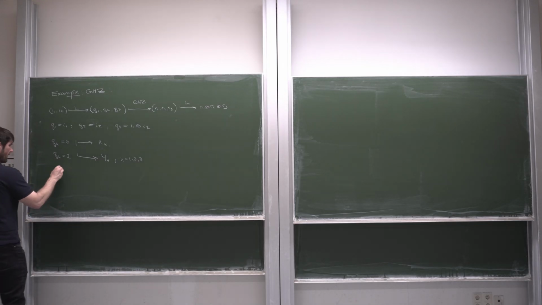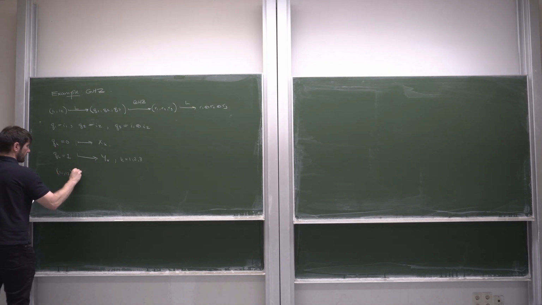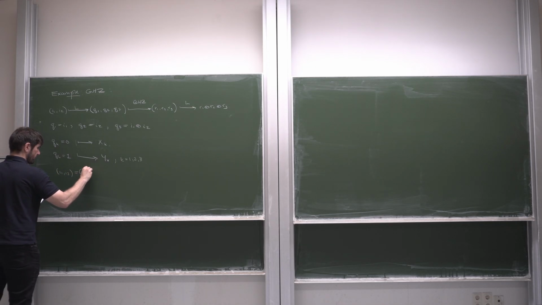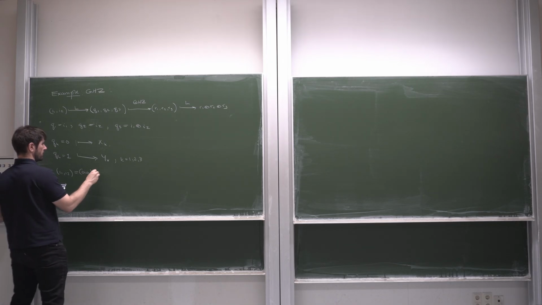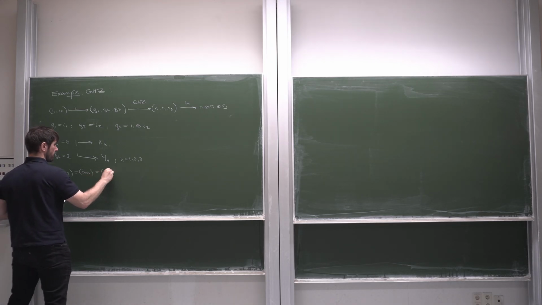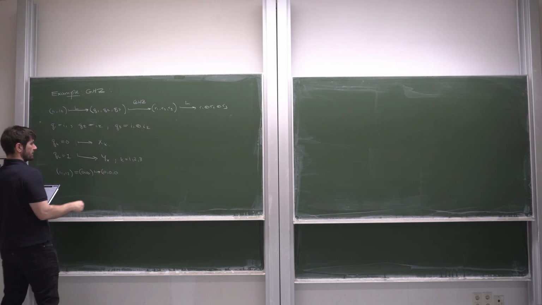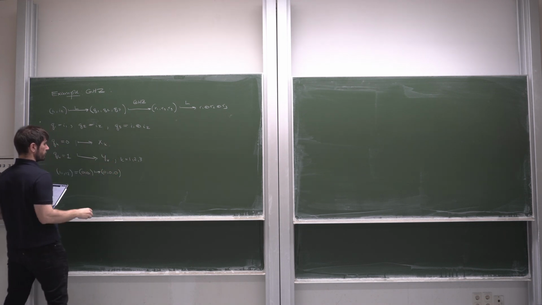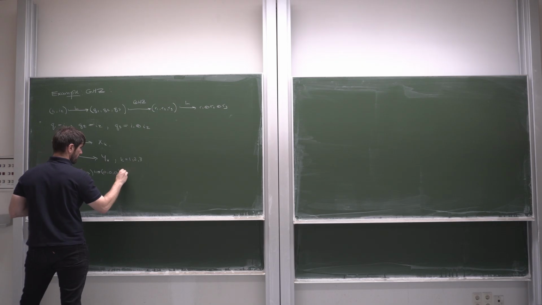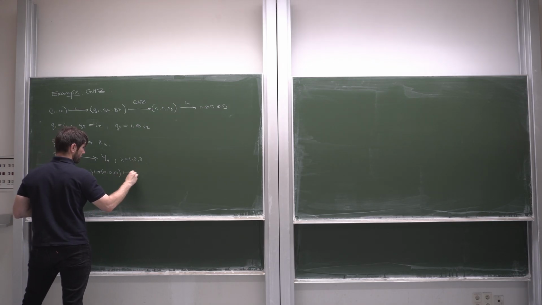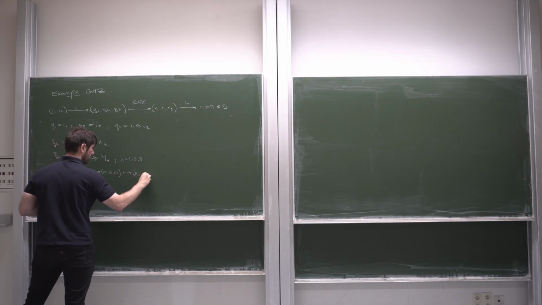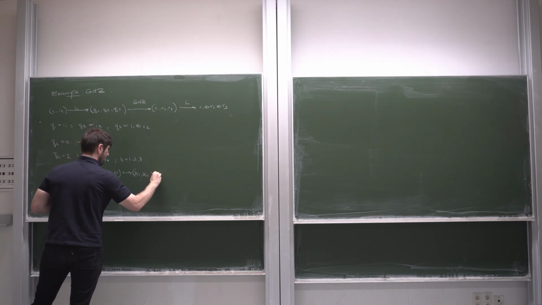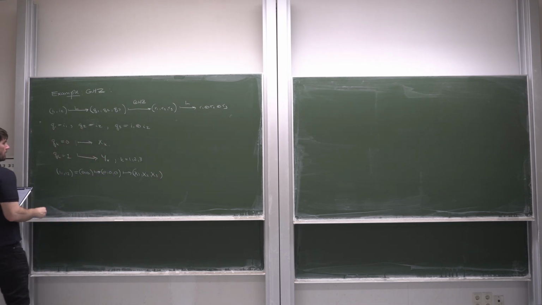So if I have I1, I2 equal to say 0, 0, then this maps to 0, 0, 0 in terms of q's, which is going to correspond to measuring x1, x2, x3.